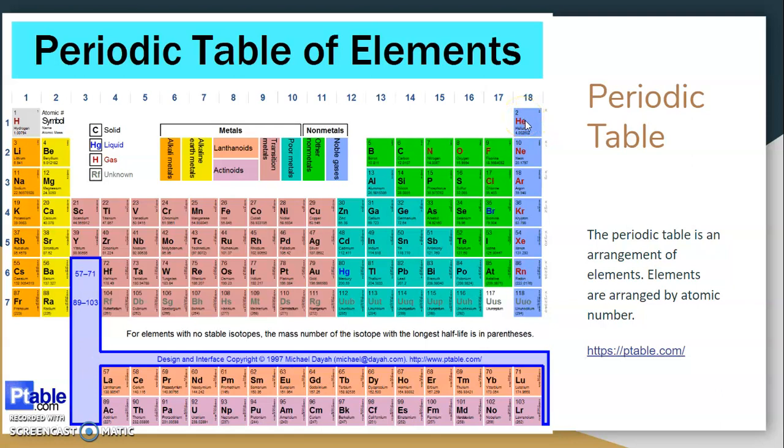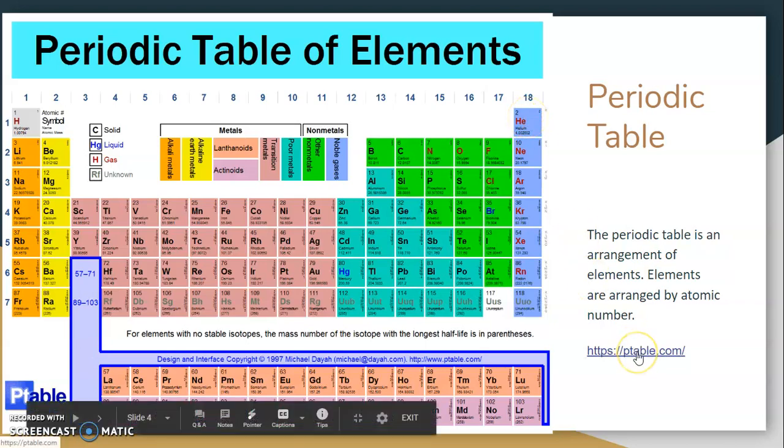So helium has 2 protons and 2 electrons. Now, how do we figure out how many neutrons it has? Well, you take this atomic mass, which, rounding it, is 4, and you subtract that atomic number, or the number of protons. So 4 minus 2 is 2, and that's how we figure out the number of neutrons. So helium has 2 protons, 2 neutrons, and 2 electrons.